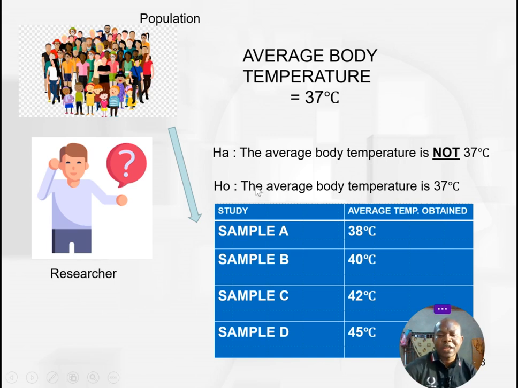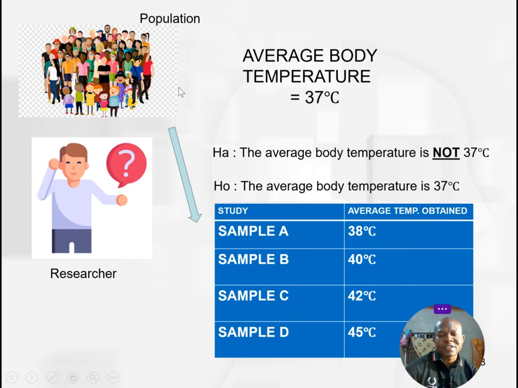And that is what we call the null hypothesis: the average body temperature is 37 degrees Celsius. So when we do hypothesis testing, our goal is to test if the alternative hypothesis is actually valid, or whether we have enough evidence by which we can jettison the existing understanding that the average body temperature is actually 37.